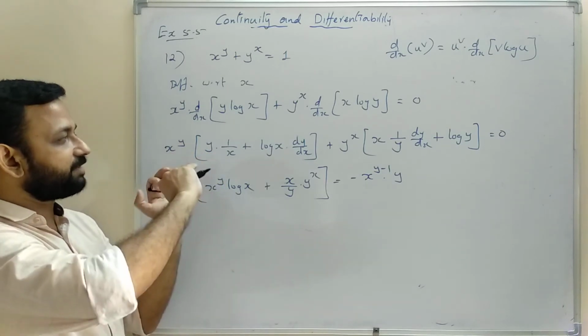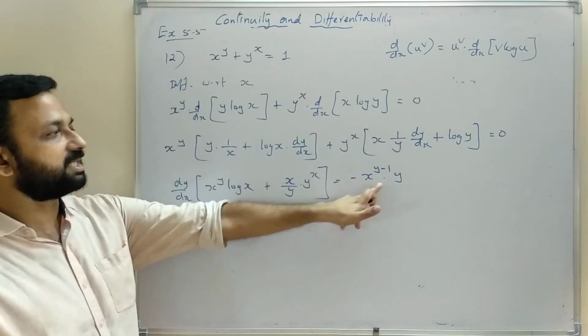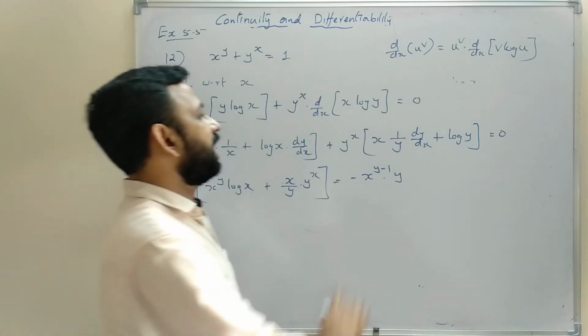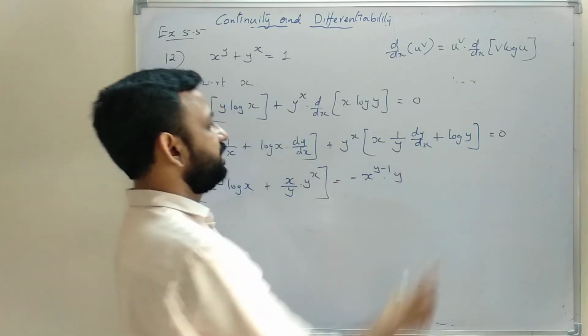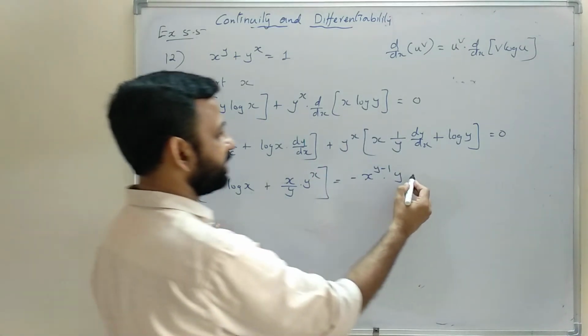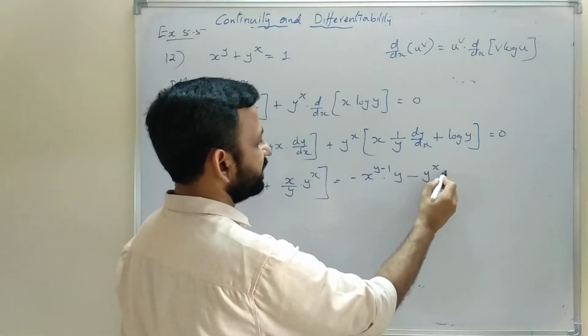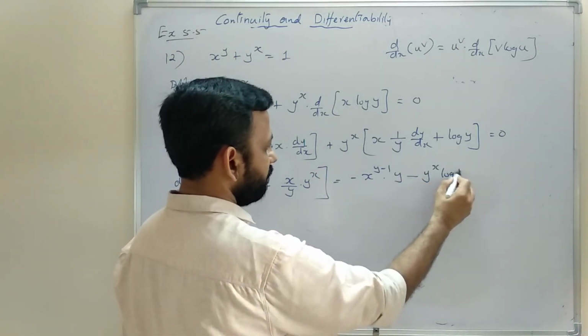When we take it from left to right, it is minus x raised to y minus 1 into y. Similarly, one more term is here, y raised to x into log y. When we take it from left to right, that is minus y raised to x into log y.